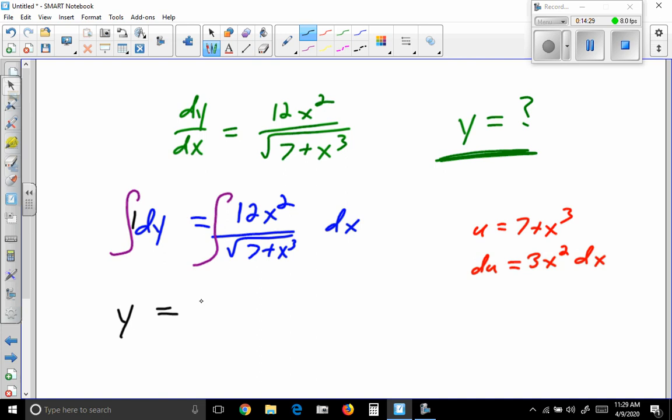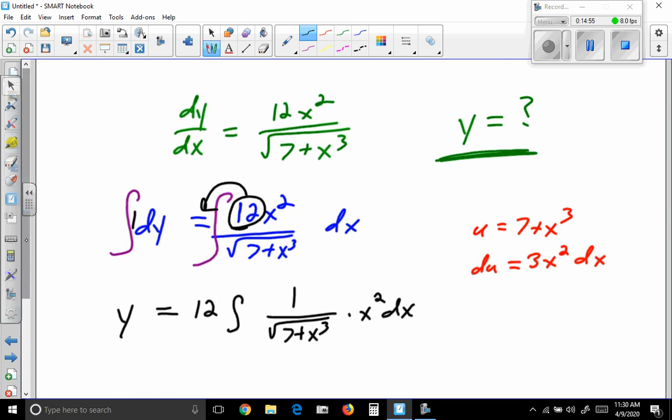So there are different ways to fix this, but let's begin by pulling the 12 out front, since that's more than what we need. And let's move our x squared over with our dx. So if we move the 12 out front, the understood coefficient that we're left with there is a 1. And then put the x squared there, and then leave our square root on the bottom.